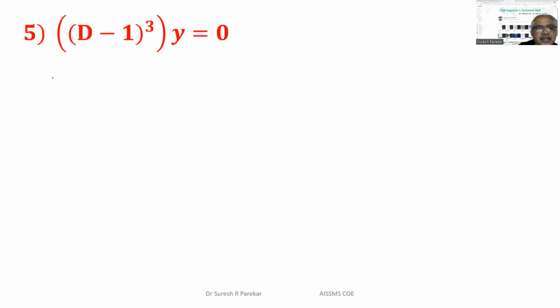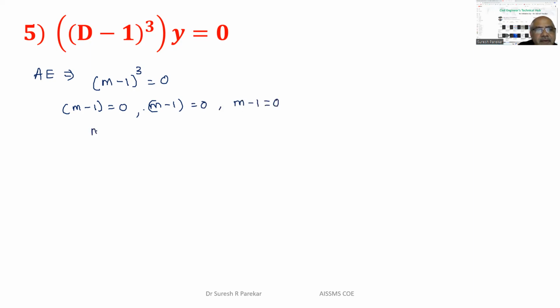Now if we see in this case, the auxiliary equation for this is (m minus 1) whole cube equal to 0. So we have m minus 1 equal to 0. Then we have m minus 1 equal to 0. And third, m minus 1 equal to 0. And therefore we get m1 equal to m2 equal to m3 equal to 1, and all of this we are going to say as m.